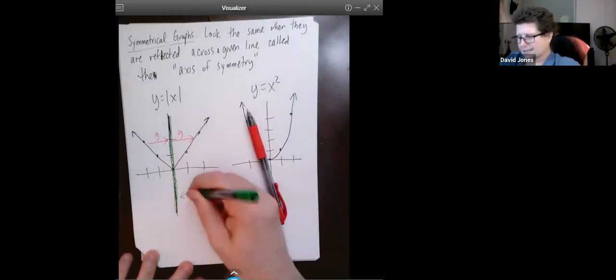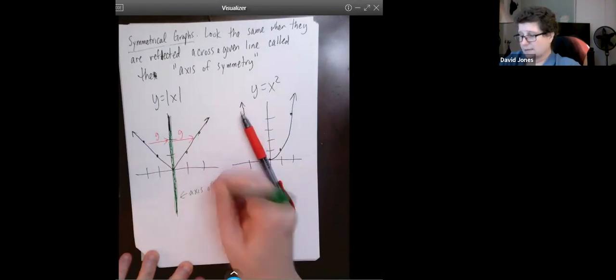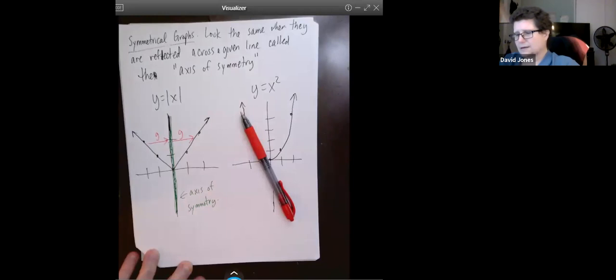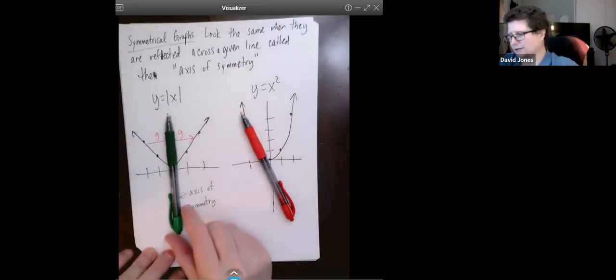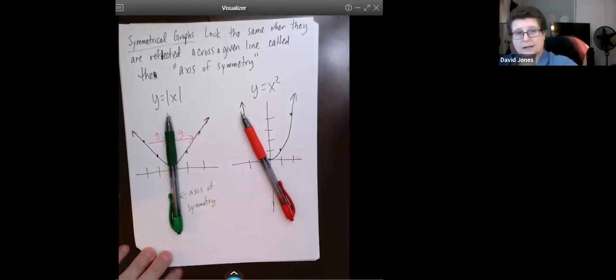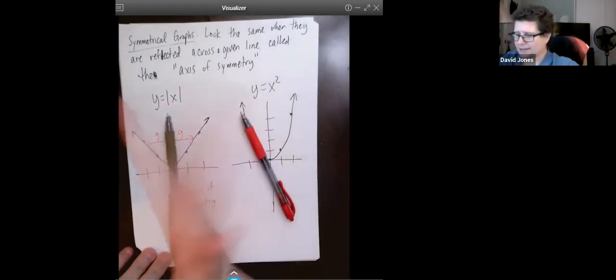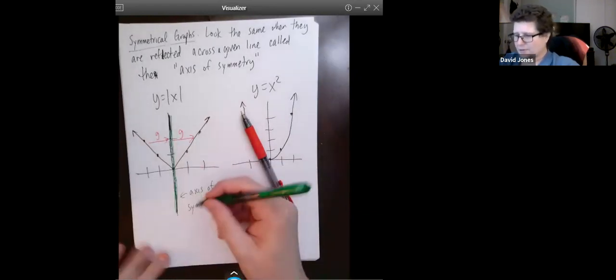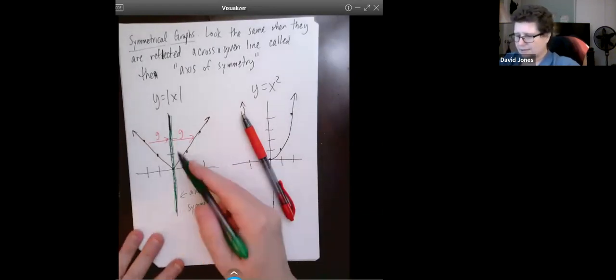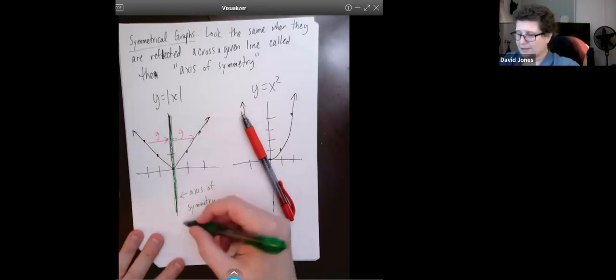This is the axis of symmetry. It acts like a mirror. If I held up a mirror and looked at it, it would look like it's reflecting across. The axis of symmetry right here is the only thing that's consistent along this line.